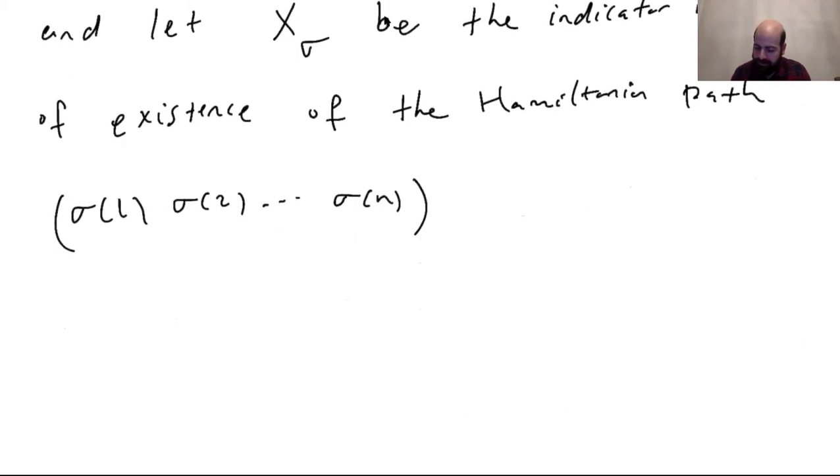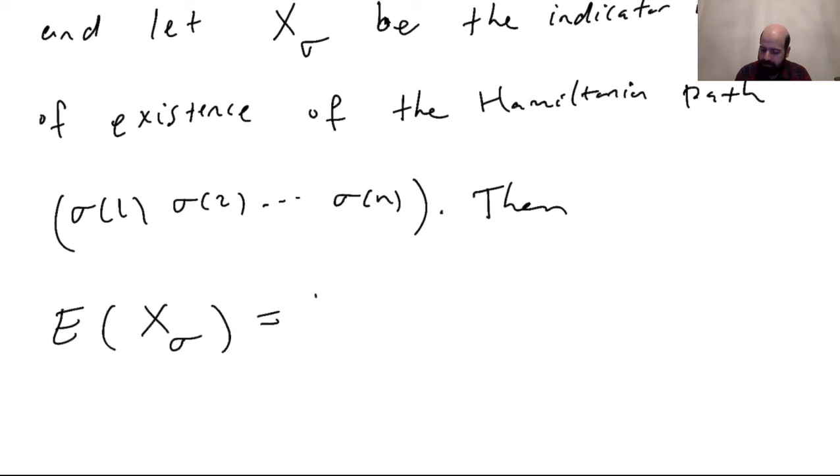So how much is the expected value? What is the expected value of this random variable? Let's look at it. The expected value of x sub sigma is a probability.